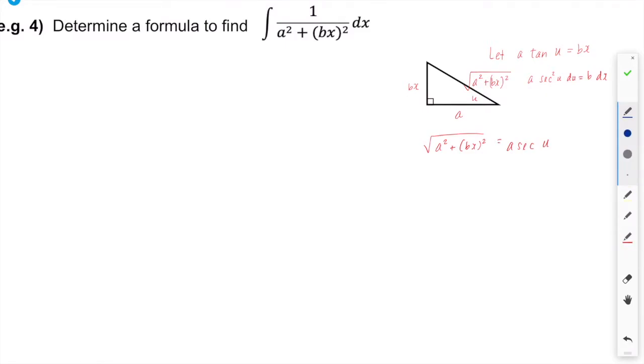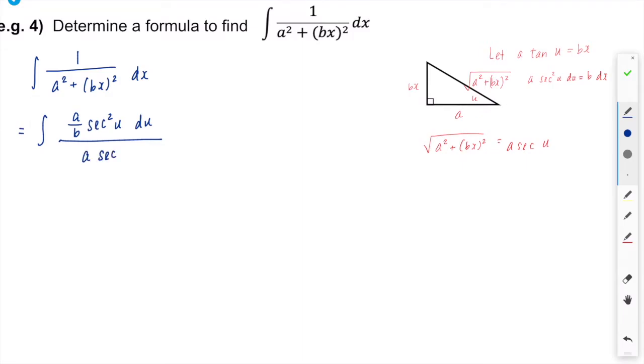Alright, so here we have 1 over a squared plus bx squared dx. Now substituting, I will have a over b secant squared u du for dx, and the denominator is a secant u squared.